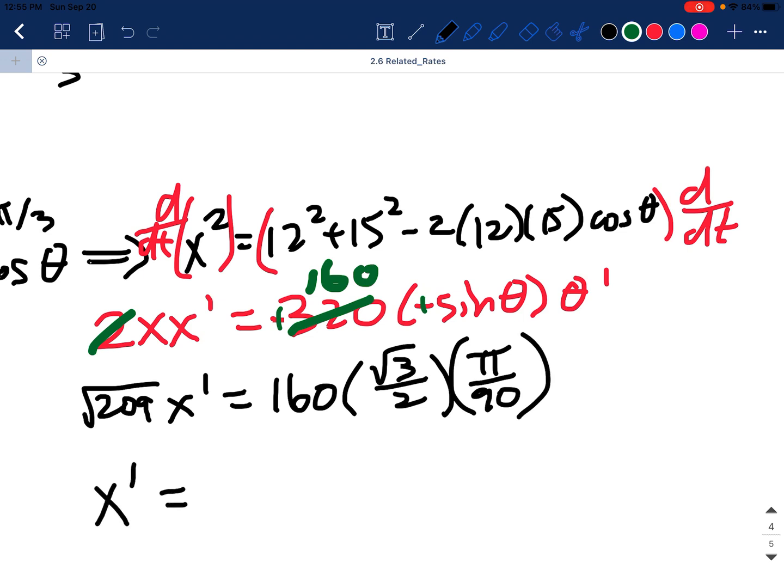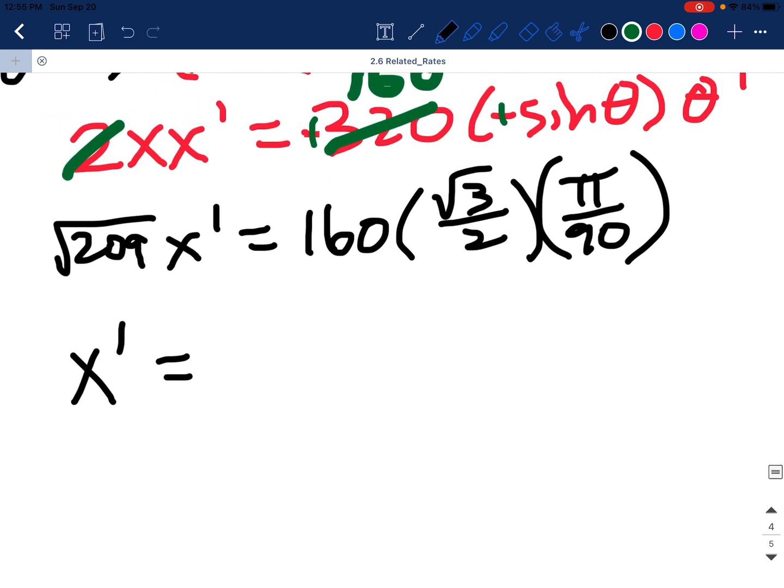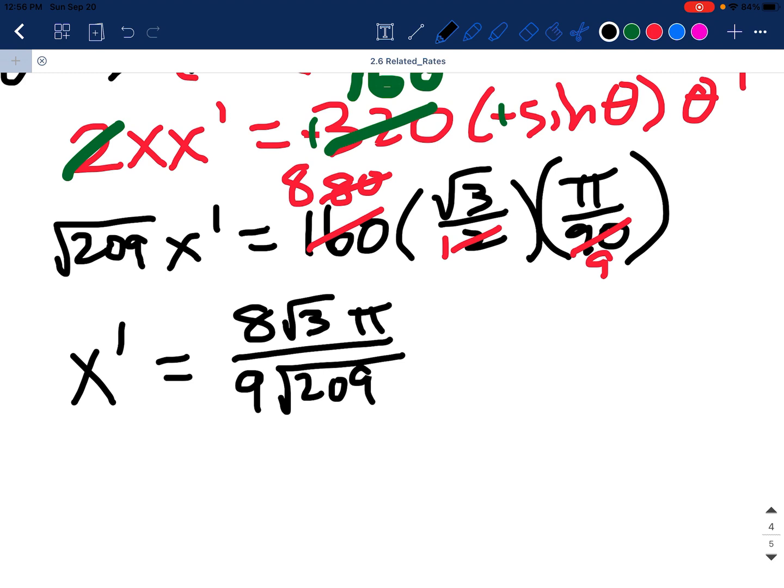Okay, so then x prime is going to equal all of that stuff. So we'll get rad 3 times, let's see if we can simplify this a bit. So that'll be 80, and then that'll be 8 over 9. So we'll get 8 rad 3 pi over 9 rad 209.